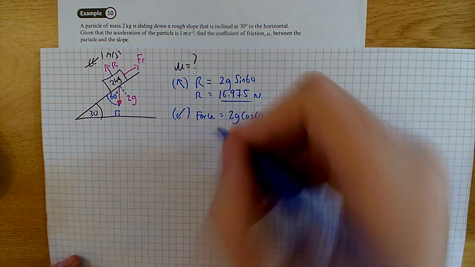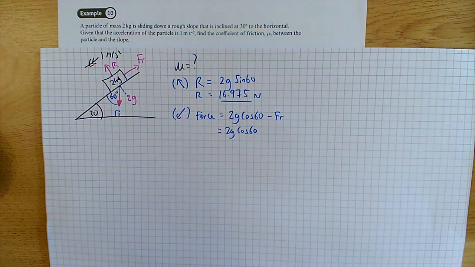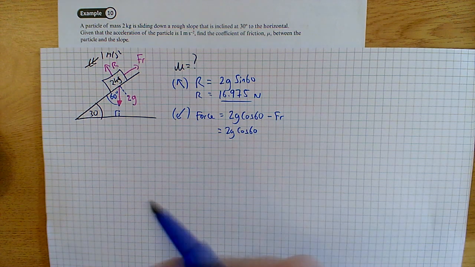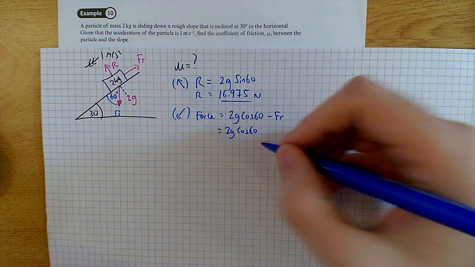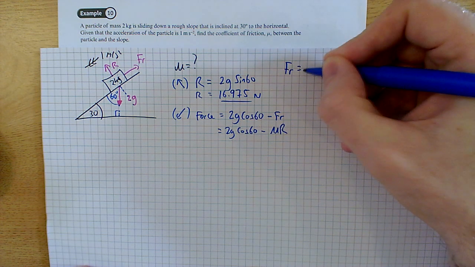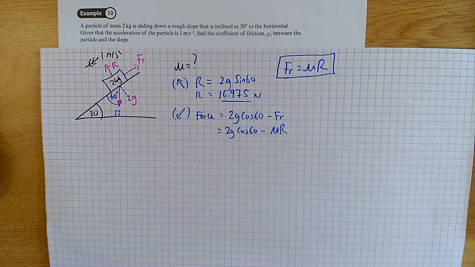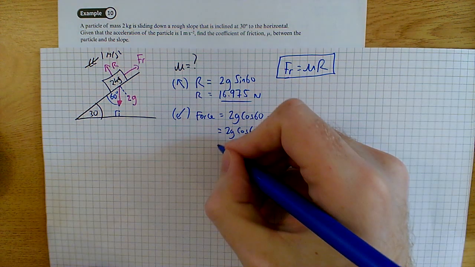Okay, so it's 2g cos 60 minus friction. But we know what friction is. Because it's moving, because it's accelerating, we know that friction is at its maximum value. And friction's maximum value is mu R. Right, that is the key formula from this lesson. Friction equals mu R when it's at its maximum value, when something is moving or when it's accelerating along a surface.